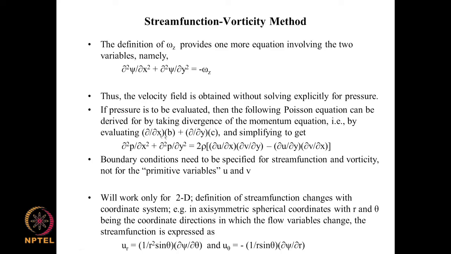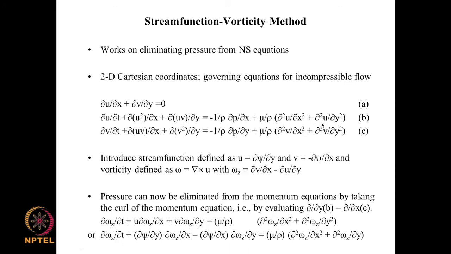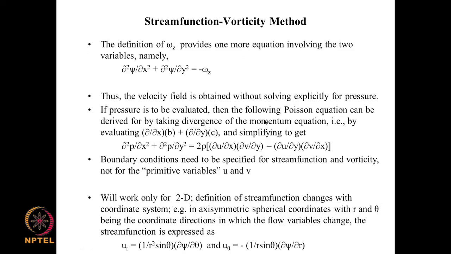That is, we take ∂/∂x of b plus ∂/∂y of c, where b and c are the x momentum and y momentum equations. If you do that, and go through manipulations, you can finally derive this equation for pressure: ∂²p/∂x² + ∂²p/∂y² equals 2ρ (∂u/∂x ∂v/∂y minus ∂u/∂y ∂v/∂x).